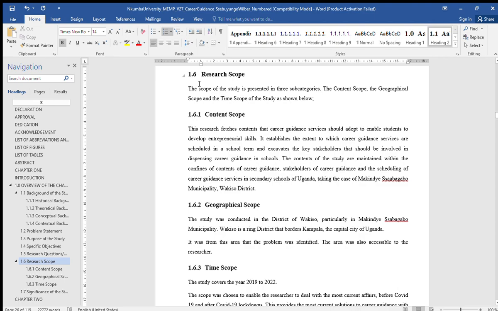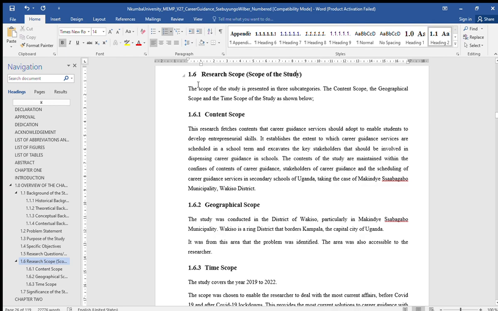Then 1.6, you have the scope of the study. Others write it and say it is called the scope of the study. Yet some others call it the research scope. Whichever you use is okay, provided it is called research scope, or there 1.6, you can also call it scope of the study.